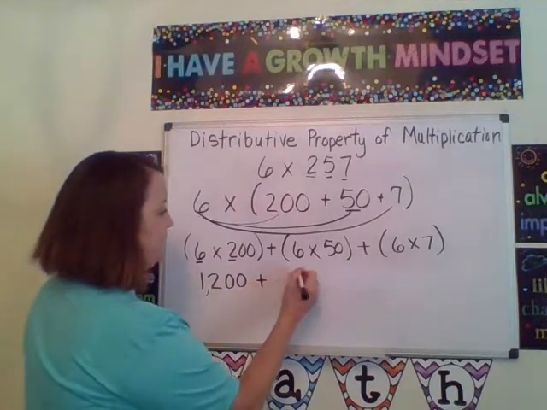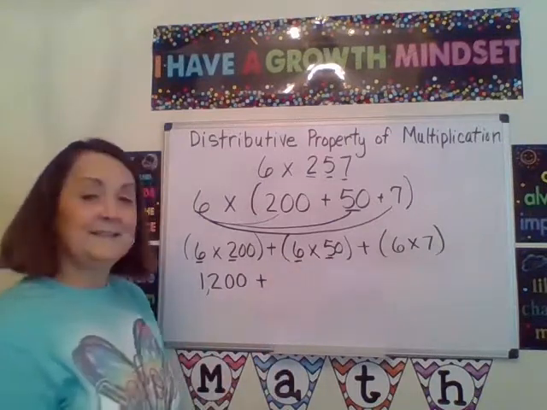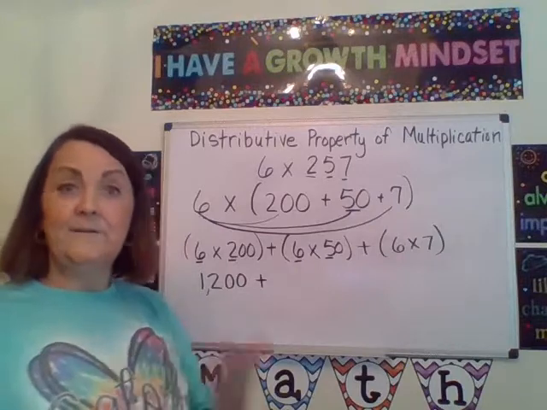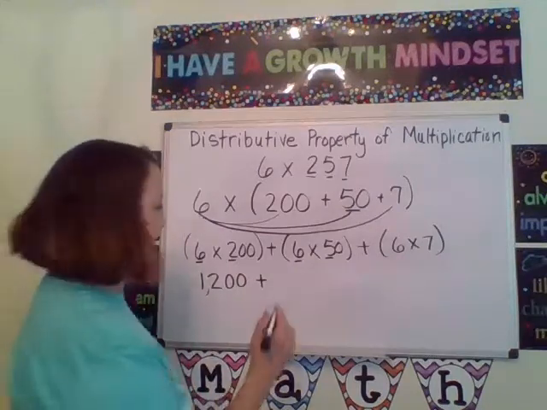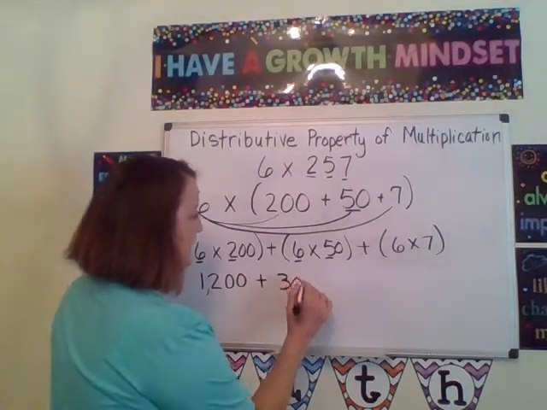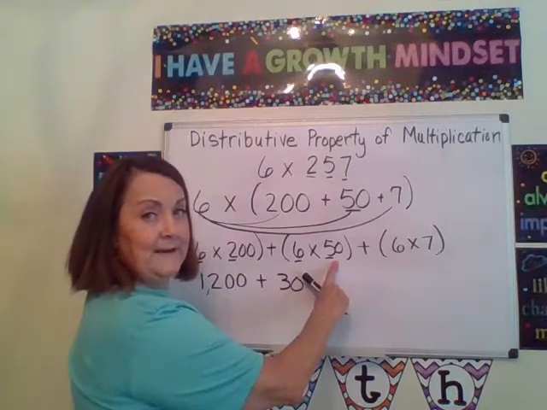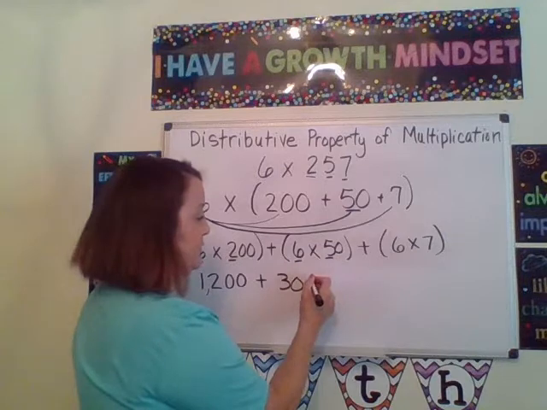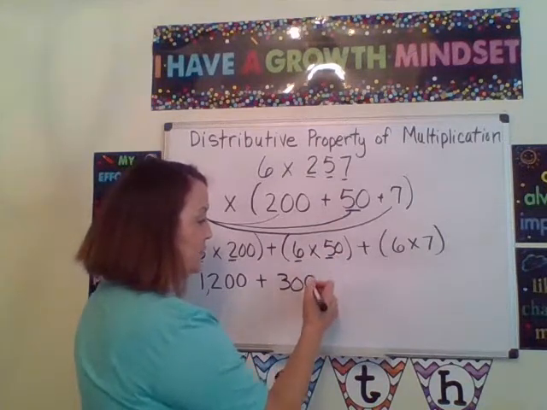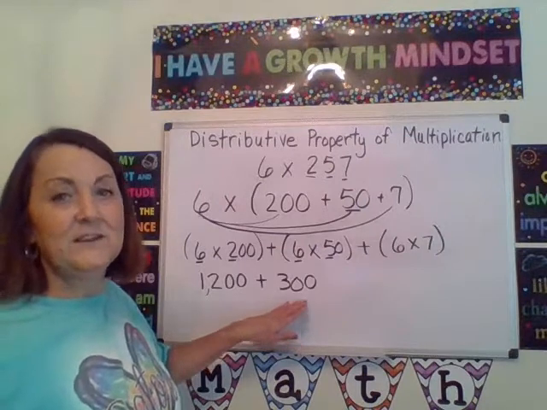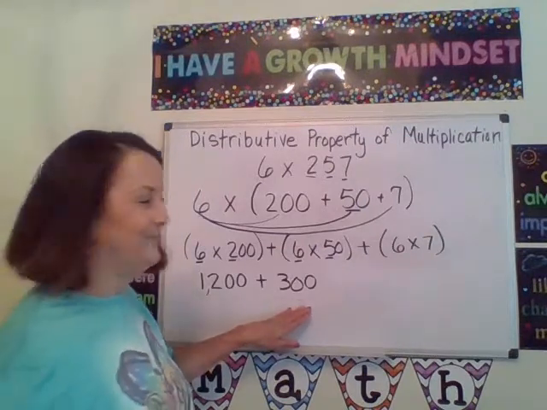Let's do this next one. The basic fact is 6 times 5. I know that 6 times 5 or 5 times 6 is 30. But because we're multiplying times a multiple of 10, we're going to have to put this 0 to the back of the 30 to make it actually 300, because 6 times 50 is 300.